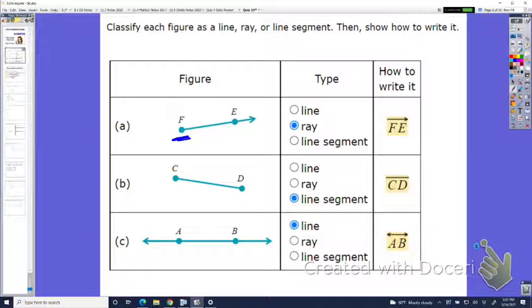So you have to name it with FE and put the little ray notation above it, arrow going in one direction. B is a line segment. It has two endpoints, so you can say line segment CD, or you could also say line segment DC. And finally, C, since there are arrows on both ends, that makes it a line, and you can call it line AB or line BA. So those last two you can reverse.